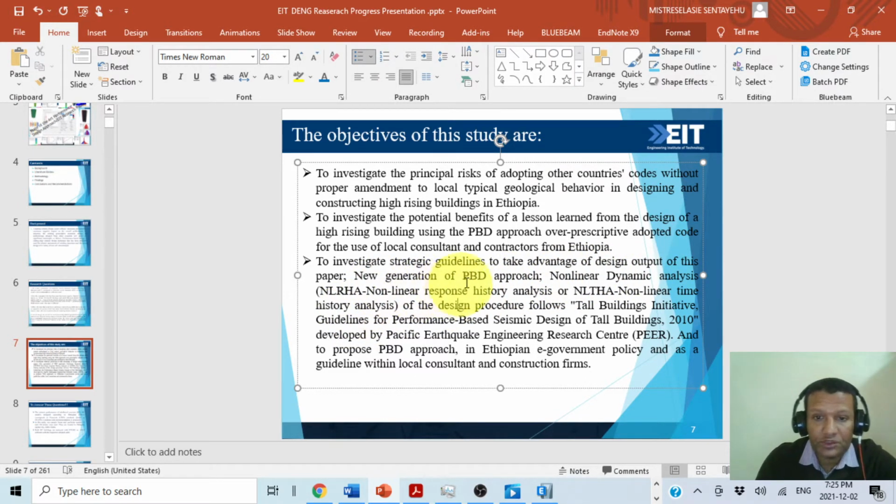Now, the new generation of PBD approach is nonlinear dynamic analysis. This is nonlinear response history analysis, or nonlinear time history analysis.